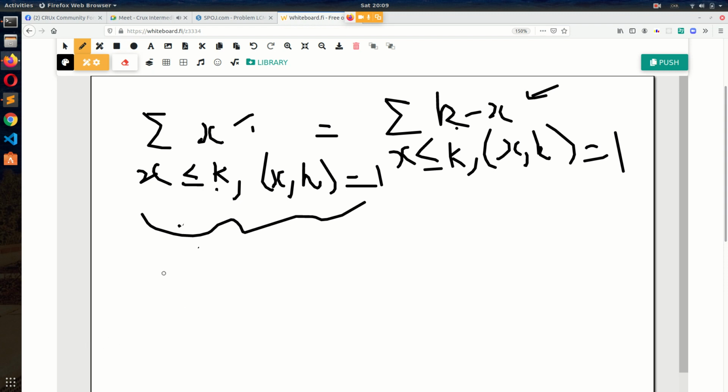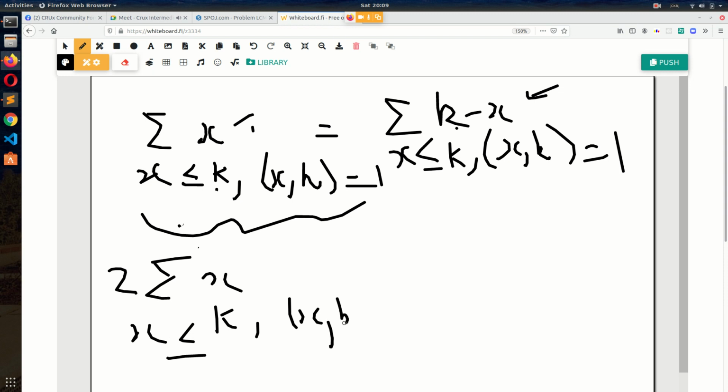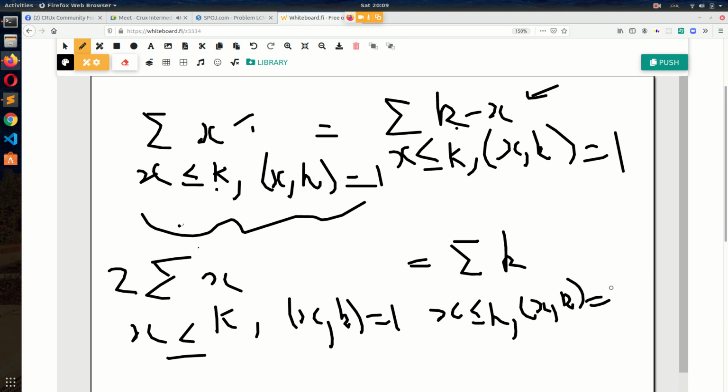So that means that this sum and this sum are both equal. And now using these two values, we can actually add them. So 2 into sigma x, we add basically this value to both sides of the equation. Sigma of k, x less than equal to k, gcd of x comma k is equal to 1, right?